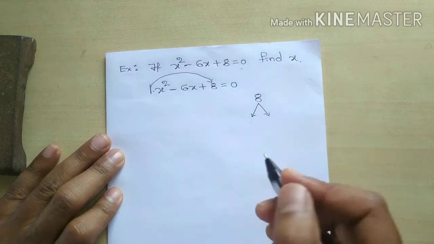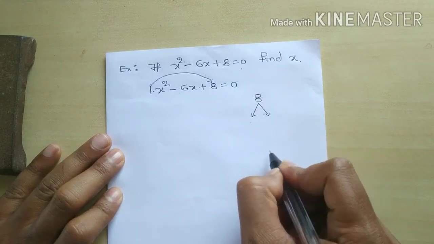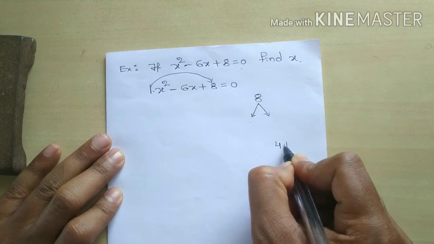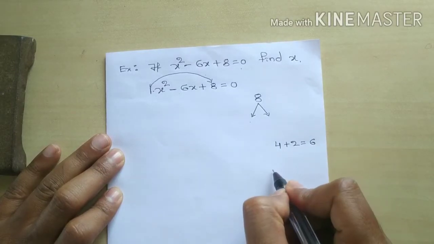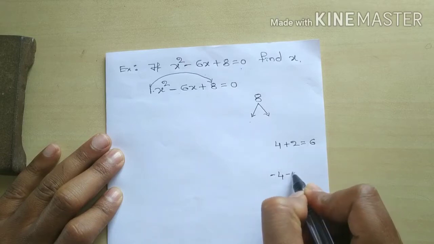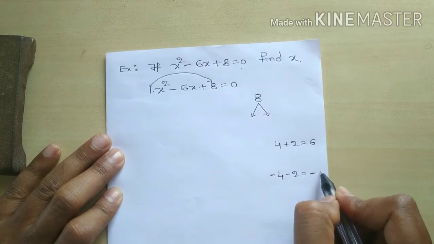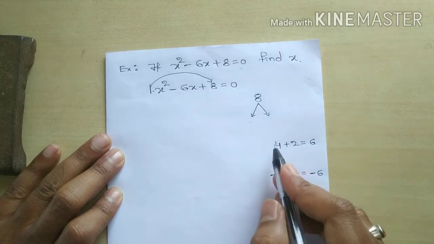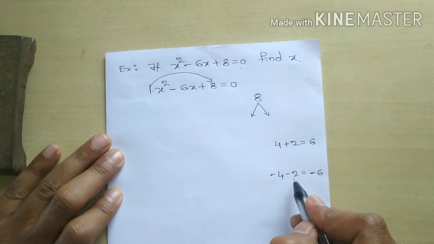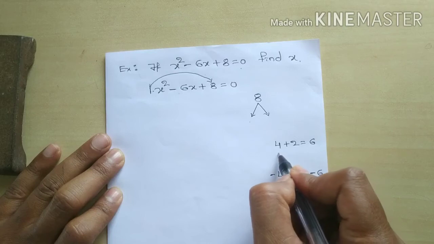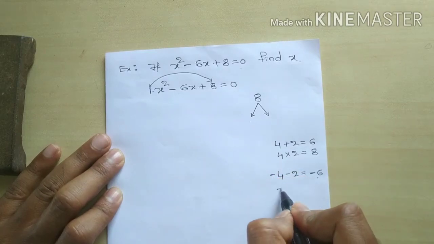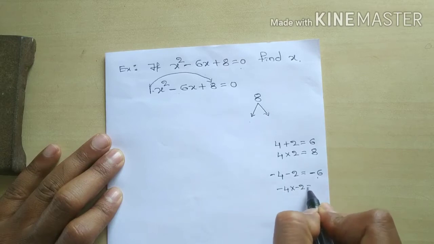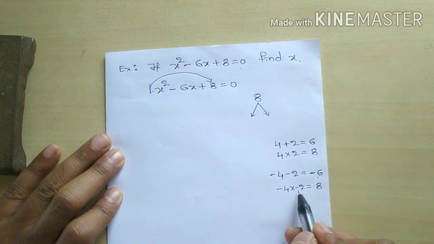See, you know 4 plus 2 is 6, and minus 4 minus 2 is minus 6. 4 plus 2 is 6 and minus 4 minus 2 is minus 6, and 4 into 2 is 8, minus 4 into minus 2 is also 8 because minus into minus is plus.